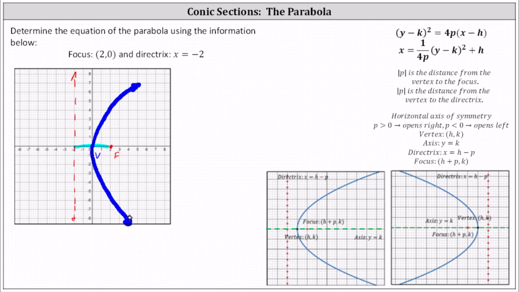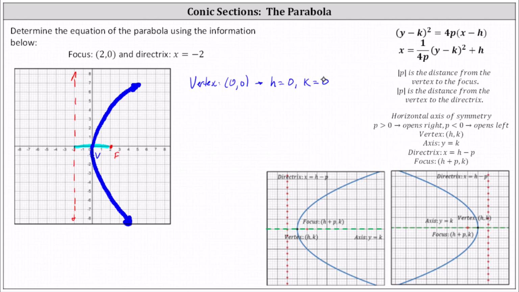So because the parabola opens to the right, we know the equation will be in the form of the square of y minus k equals 4p times the quantity x minus h. And because the vertex is the origin, or the ordered pair (0, 0), we know h equals 0 and k equals 0.